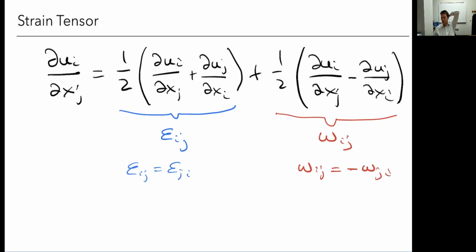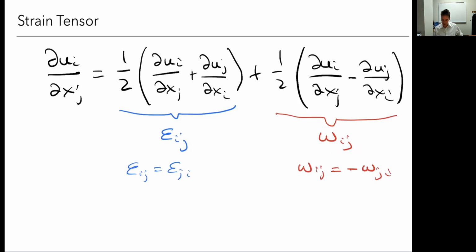Turns out any second order tensor, again, you can think of that as a matrix, I can always split up into a symmetric part and an antisymmetric part, or I should say the sum of a symmetric and an antisymmetric tensor. In this case, they have special names; in general, if I had just some general tensor, they may not have a specific name.